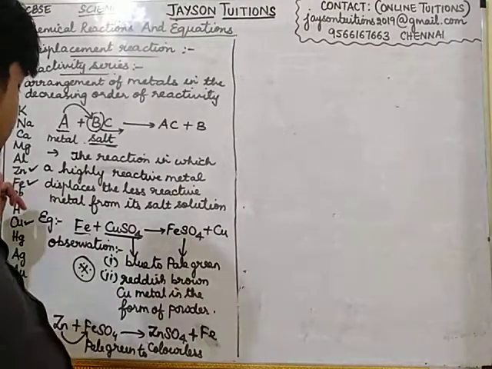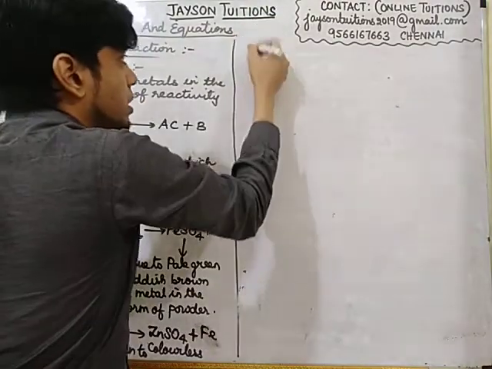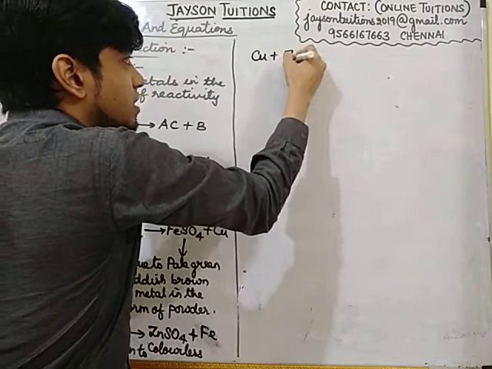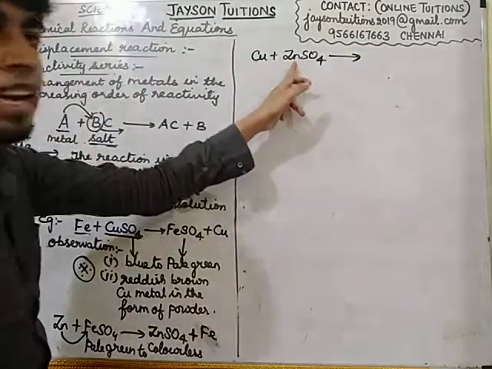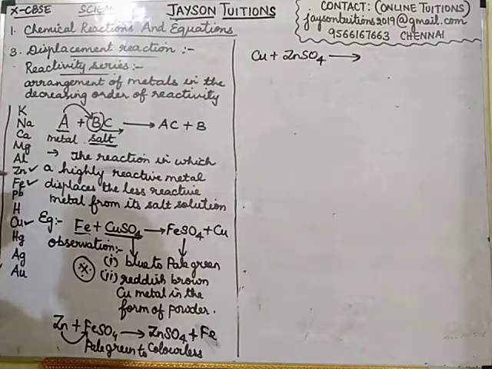Now one more reaction I will write: Cu plus ZnSO4. Now copper and zinc are present. Zinc is present on top, so zinc is more reactive. Copper is present at the bottom, so copper is less reactive.